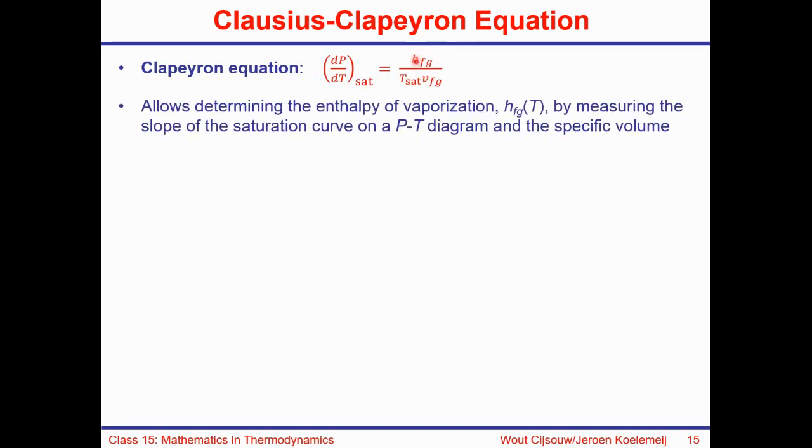Suppose you would like to determine the enthalpy of vaporization, say, for a liquid to vapor phase transition. So we don't know this quantity here, but suppose we do know the temperature and we do know the specific volume, then what we could do is bring the system to the phase transition for a specific temperature and pressure.